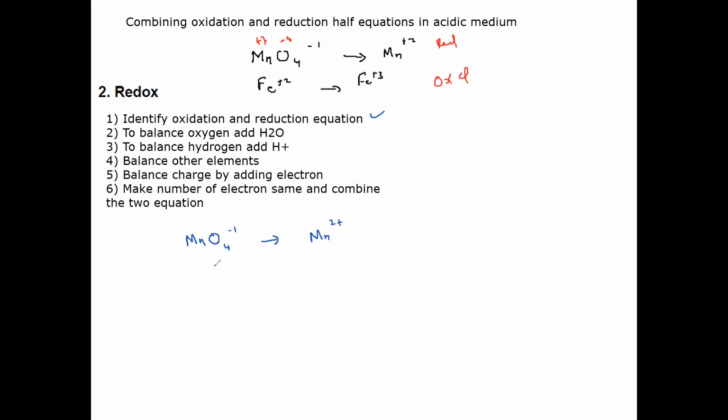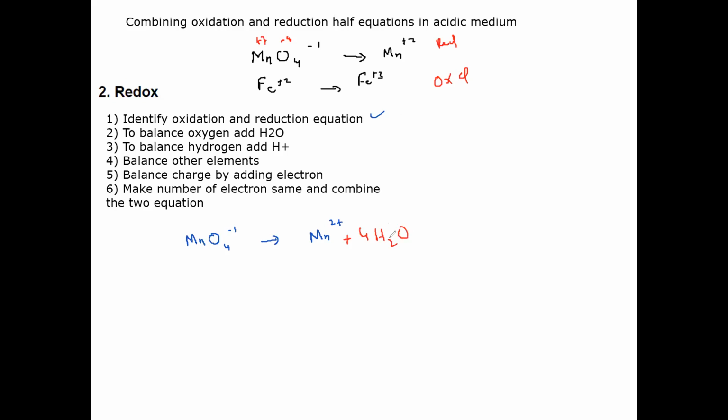How many oxygen are there on my left hand side? So we have 4 oxygen on the left hand side. So we should add the same number of water molecules. So this is the original equation. We should add 4 water molecules, but on the other side, so we add 4 H2O.